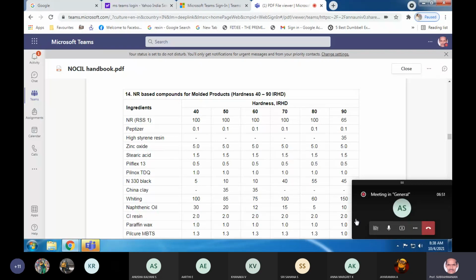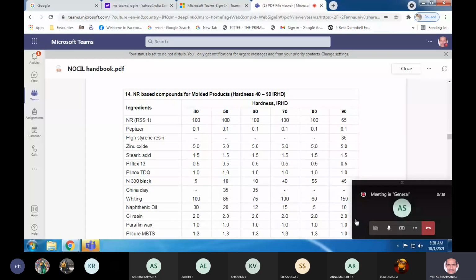And as we said in one of the classes, certain organometallic complexes are also added to the peptizer composition. And as a result, at a dosage of 0.1 phr, the effect is much better and it is efficient.